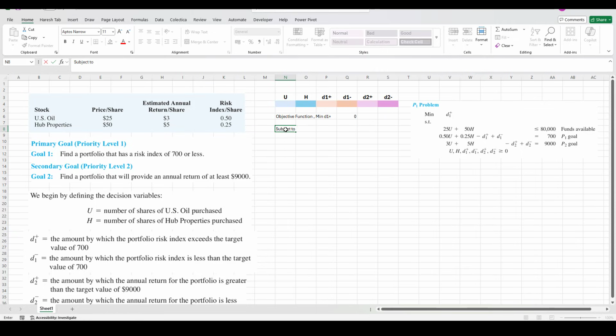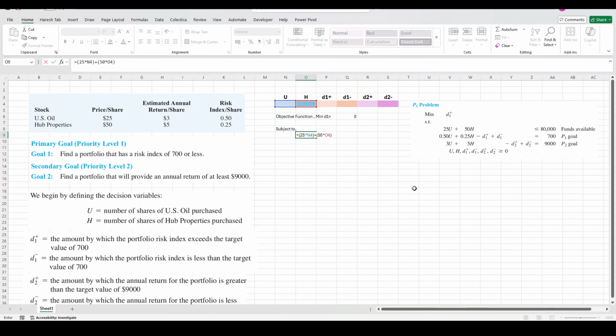The first constraint is 25U. I will write, starting here, equal to, in brackets, 25 into U, which is this cell, bracket complete, plus another bracket, 50 times H, so 50 into the H cell.